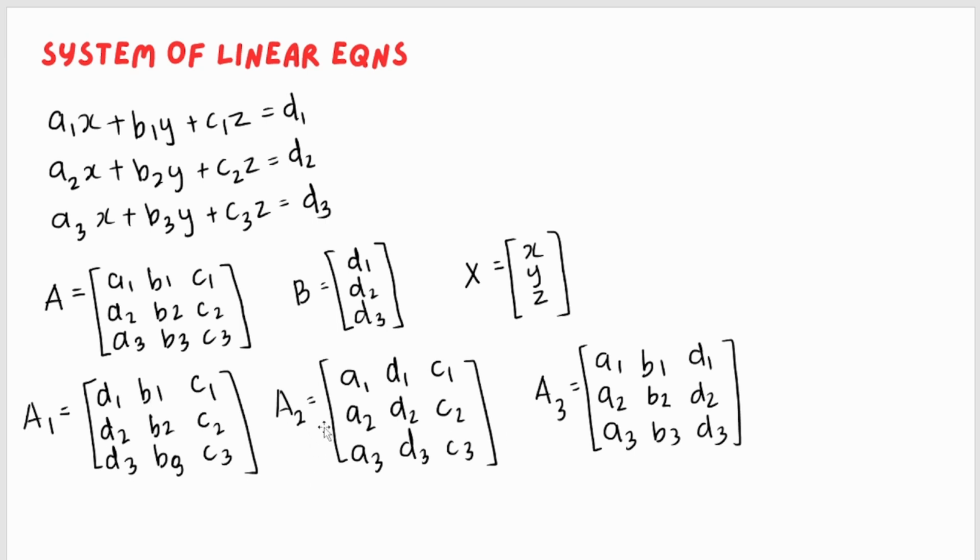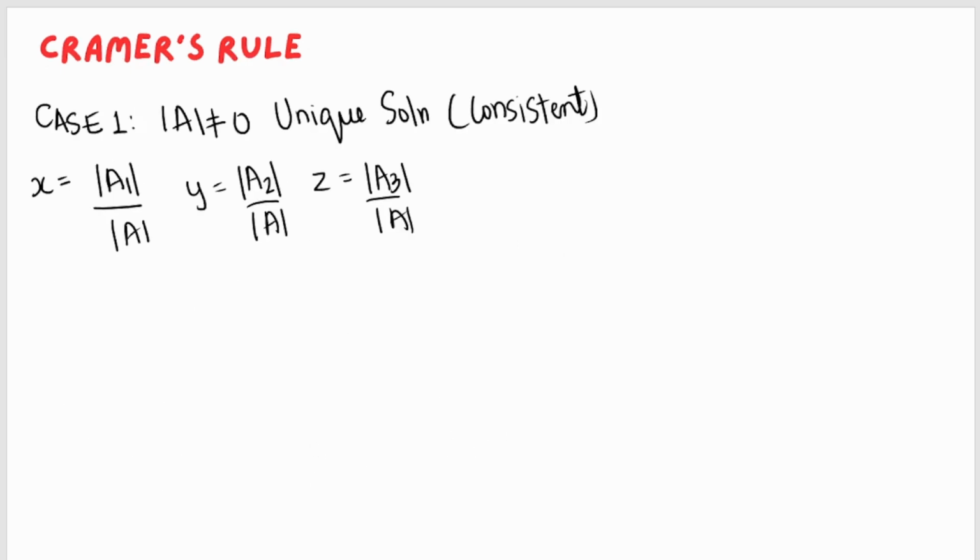You need to find the determinant of these, then divide it by determinant A. We will find the values of x, y, z. That is why I mentioned earlier the necessity of finding out matrix A1, A2 and A3.